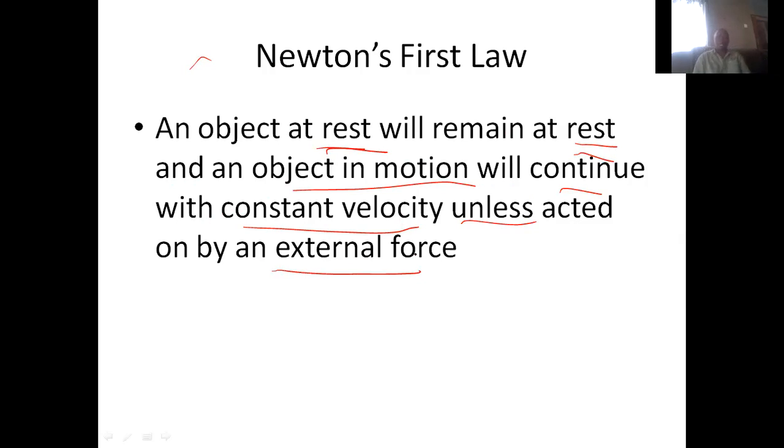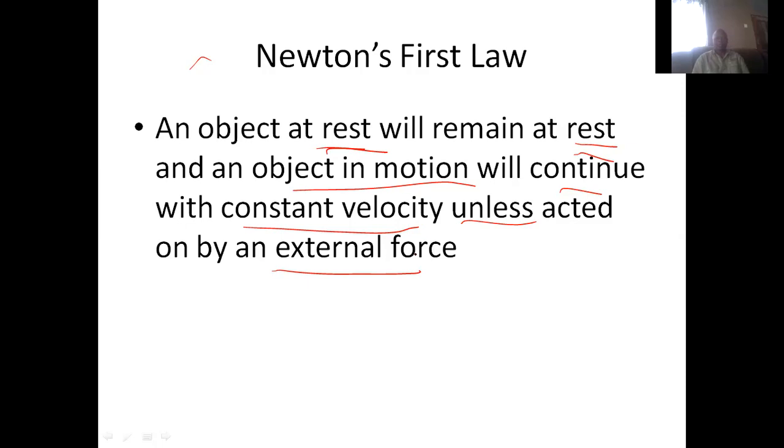So an object which is moving will continue moving at constant velocity unless there is an external force which comes to act on it. Or if it's at rest, it will remain at rest unless it's acted on by another force.